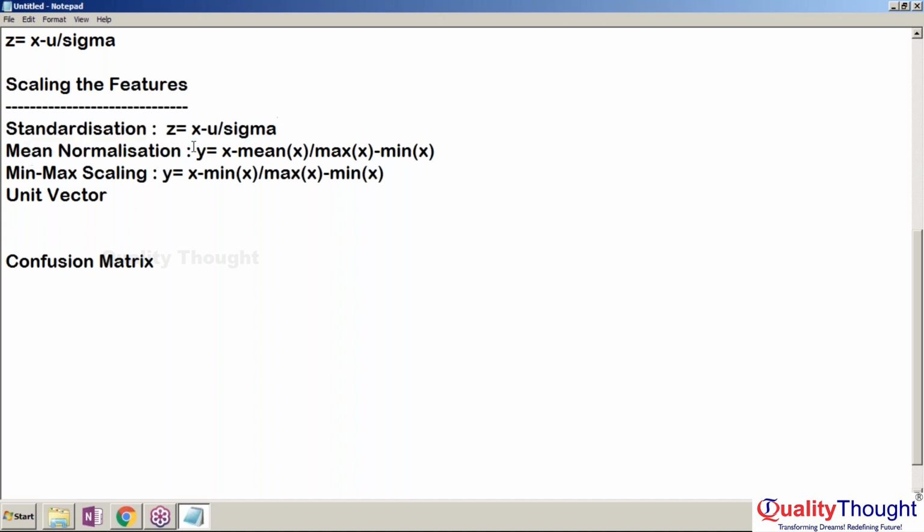And minimum maximum scaling will get you values between 0 and 1. These values will be between -1 and 1, and these values will be between 0 and 1.